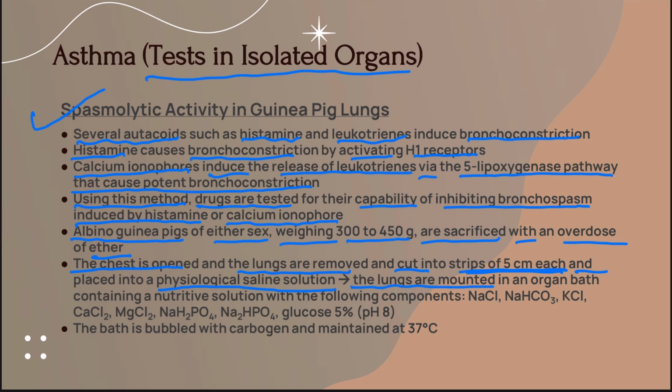Then the lungs are mounted in an organ bath containing the nutritive solution, which comprises NaCl, NaHCO3, KCl, CaCl2, magnesium chloride, that is MgCl2, then NaH2PO4, Na2HPO4, then glucose, that is 5%, and the overall pH of this nutritive solution is 8.